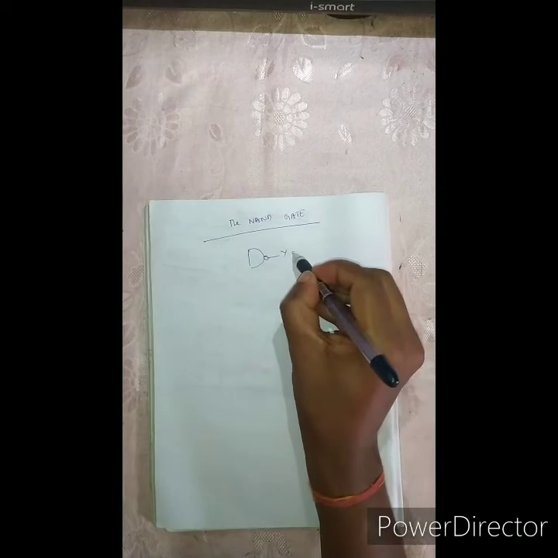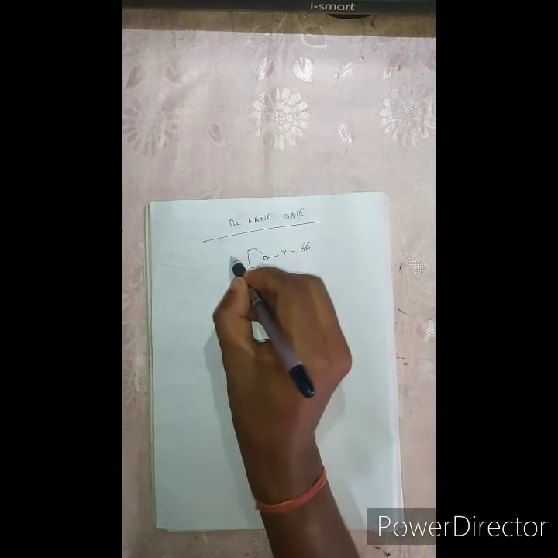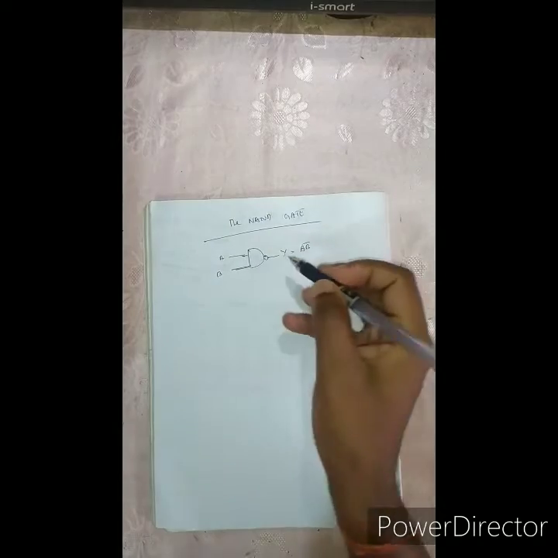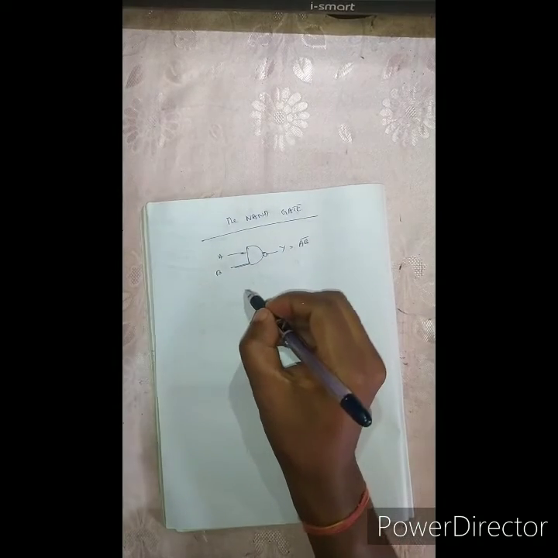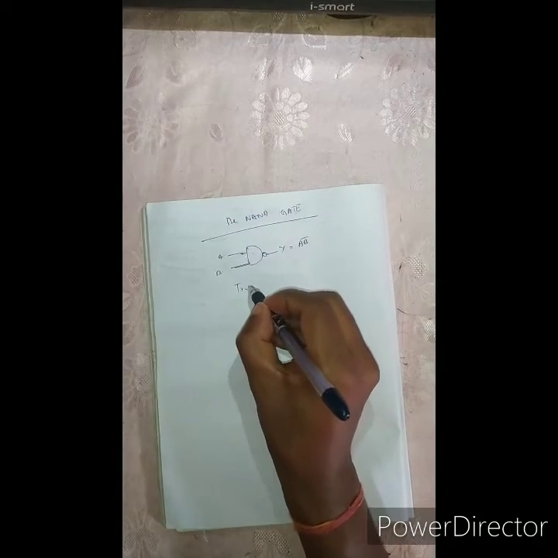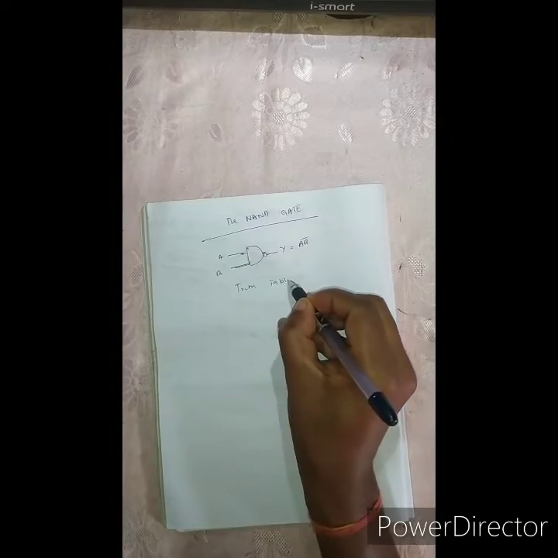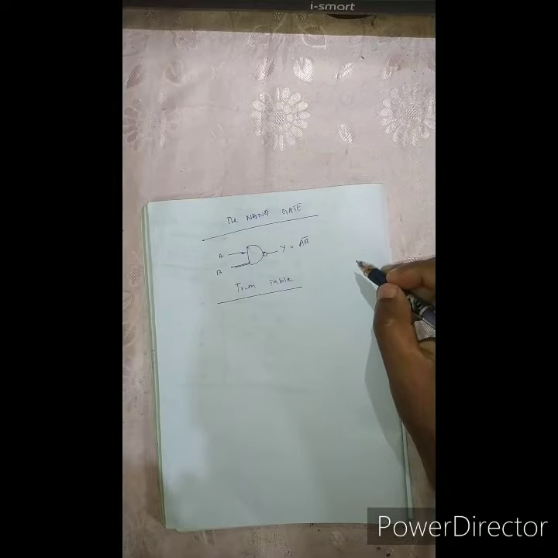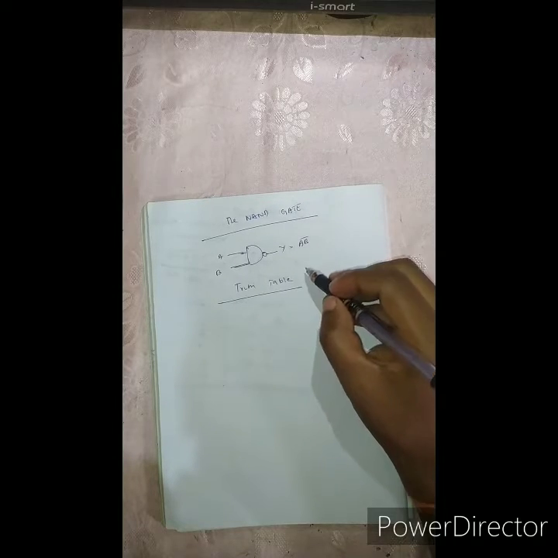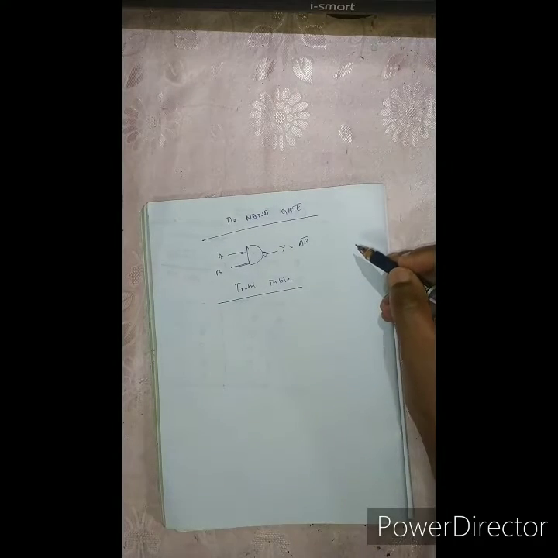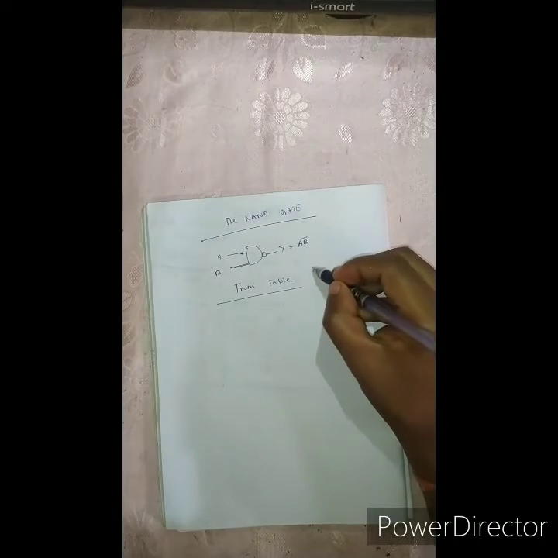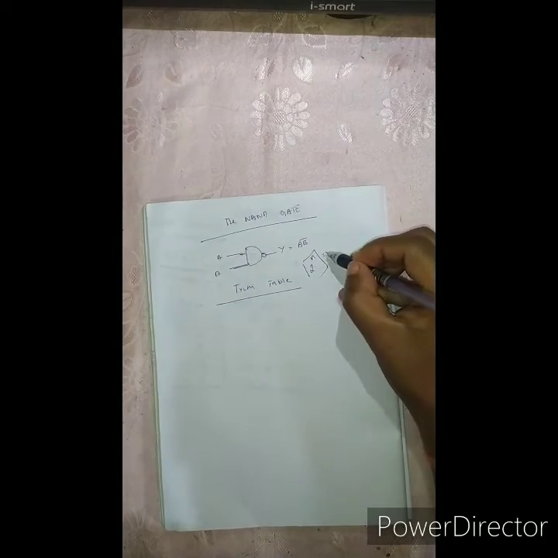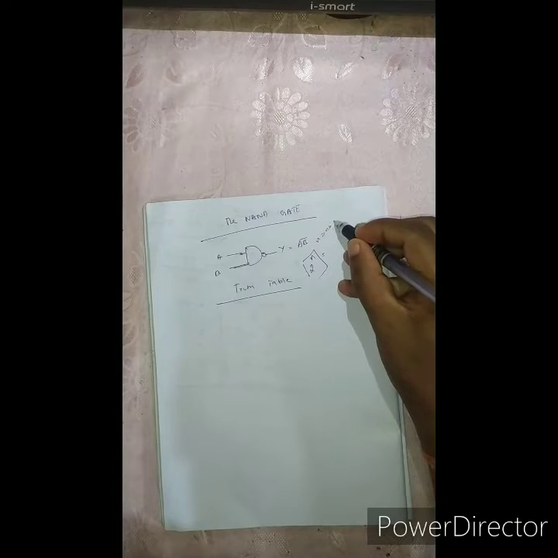This is Y, which is equal to AB bar, if this is A and this is B. So it is the complement of the AND gate. Let us see the truth table of the NAND gate. As we already know, the number of combinations in a truth table is defined as 2 to the power n, where n is the number of input bits.